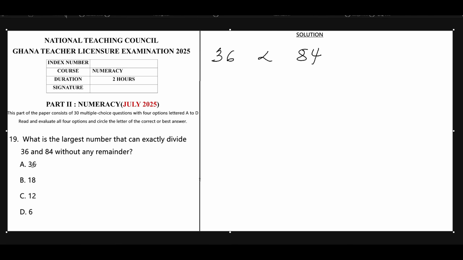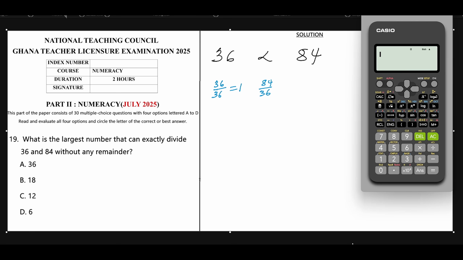So let's do an analysis. Let's start with option A, 36. Let's divide 36 by 36. The result will be 1. Let's divide 84 by 36 and see. We are getting a fraction, 2.3333.